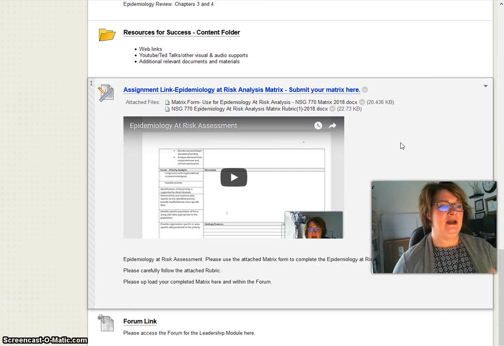And of course, there's an overview of the epidemiology risk analysis, and remember to use the matrix again and use that as the format for this particular project. And if you have any challenges with that, please let me know. The rubric for the matrix is listed here, as well as the rubric in the assignment Dropbox.